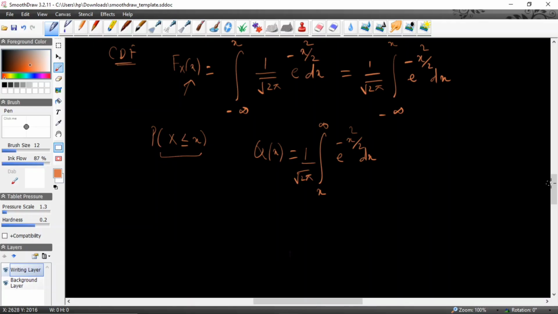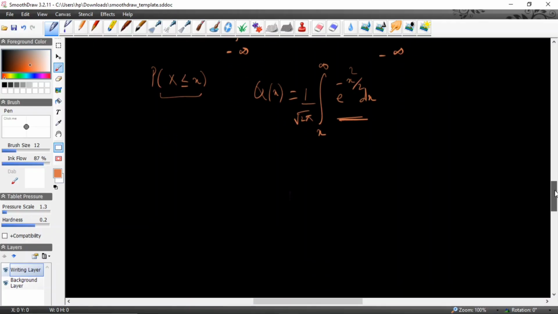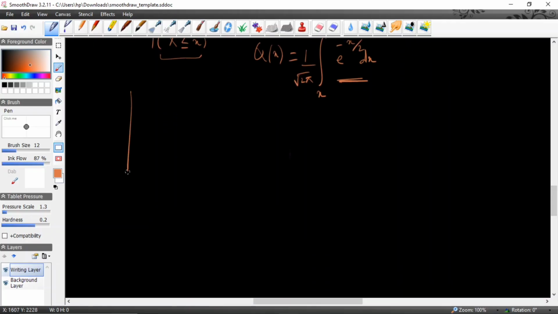If you look at this Q function, what it actually represents is this: if I have a Gaussian PDF, let us suppose with 0 mean and unit variance, maybe like this, the mean is 0 and the variance is 1.